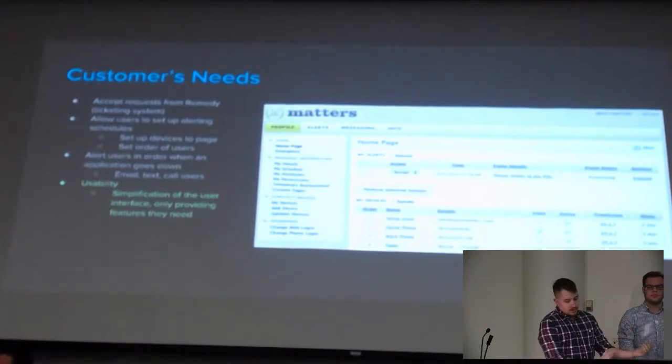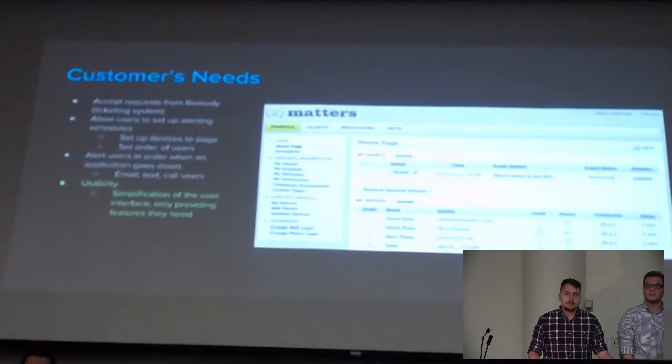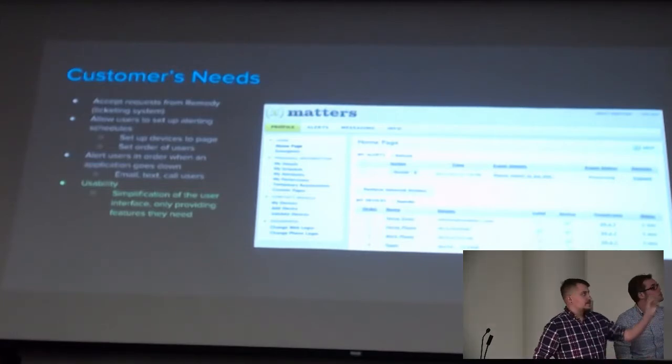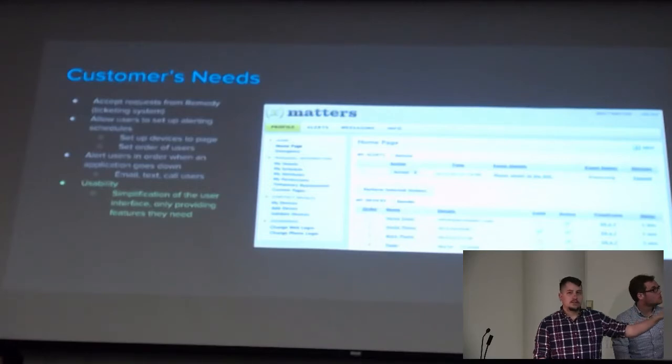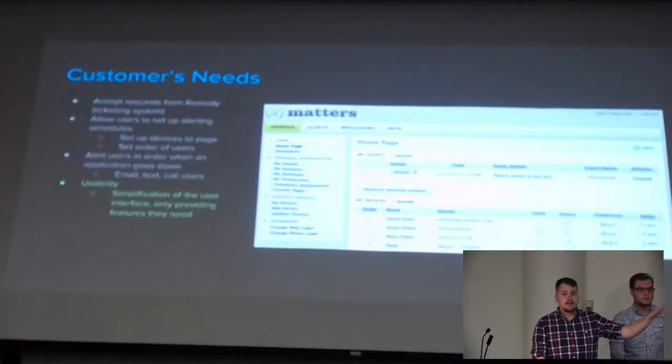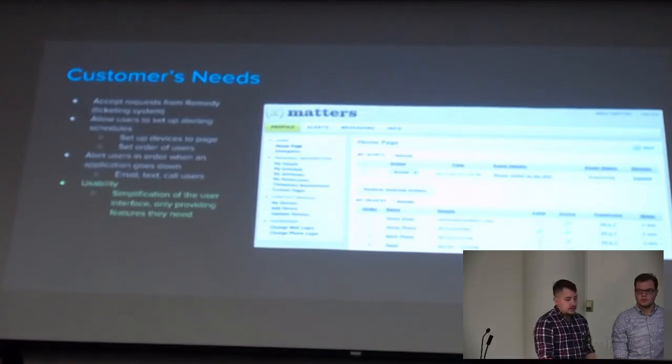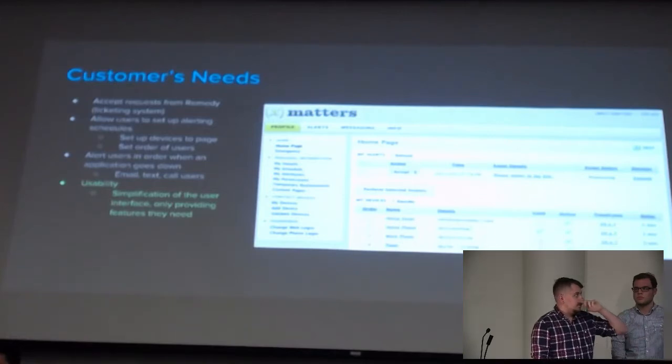And then in addition to those already existing requirements, the sponsor wanted to also see a heavy focus on usability. Their current system is in the screenshot on the right, and this is actually like 3 versions newer than the application that Liberty Mutual is using. And you can already kind of see some of the main pain points.